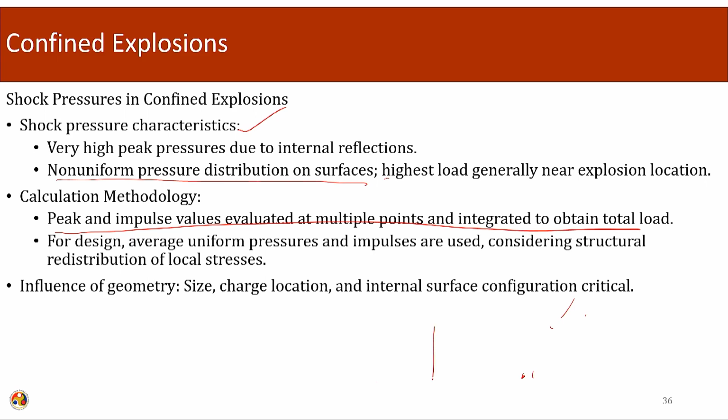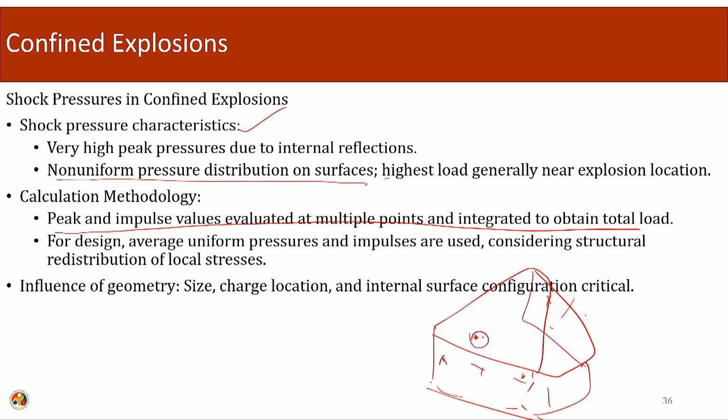As I was saying, even in this case of a box, the pressure value will be different in all the walls depending upon the relative location of the explosions. So, what is being done is that peak pressure value and peak impulse value are calculated at different points, and they are integrated in totality to obtain the total load that is being acted upon the walls.